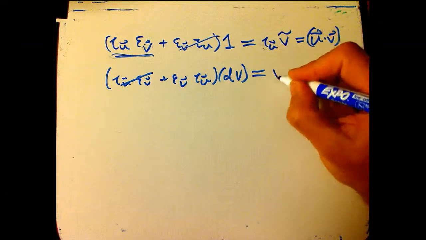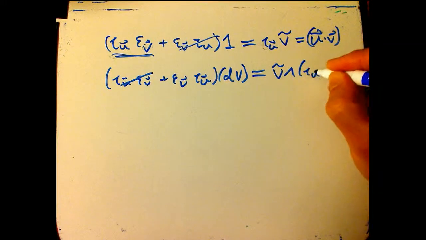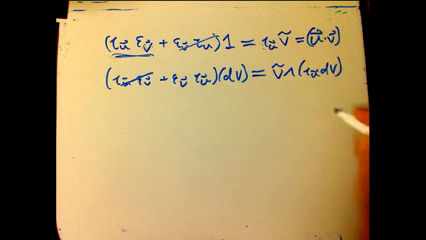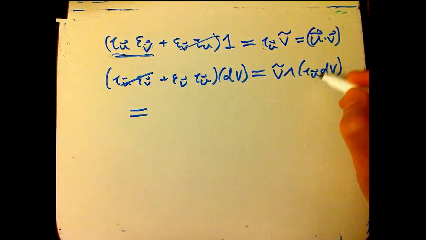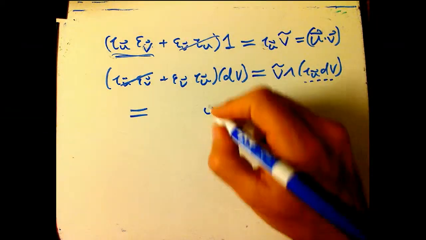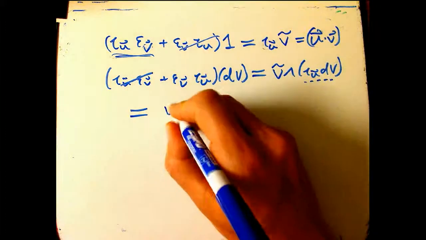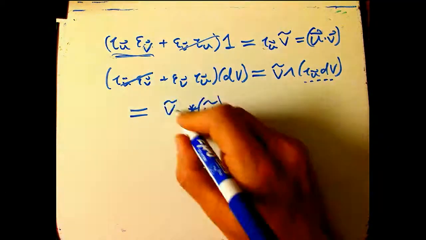And so that's going to be v tilde wedge i u dv. But I mentioned earlier that if you interior product a vector into the volume form, that's the way to take u, turn it into a one form, and then star it. And then that's going to be v tilde wedge that guy.